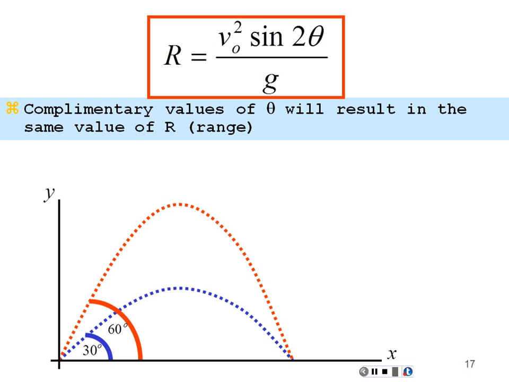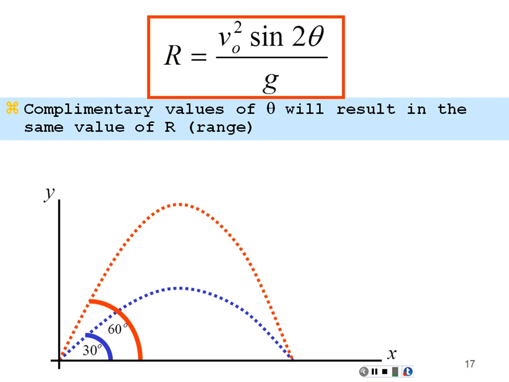Why? Because the sine of 2 times 30, which is the sine of 60, is the same as the sine of 2 times 60, which is the sine of 120. They both have the same value in a positive direction. So sine of 2 theta is the same for complementary angles. Complementary angles are angles that add up to 90 degrees.